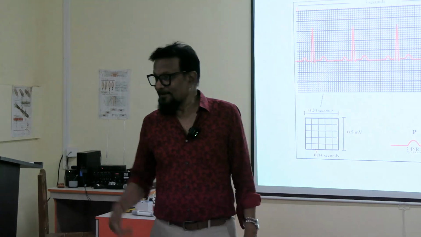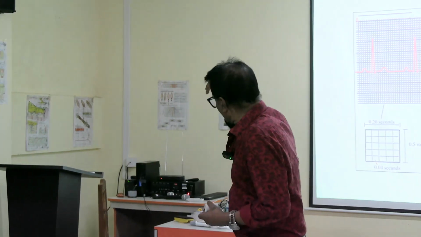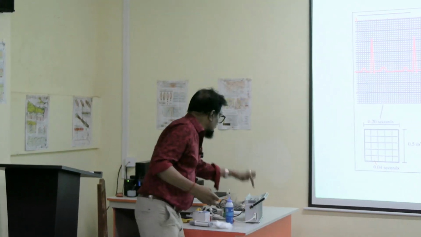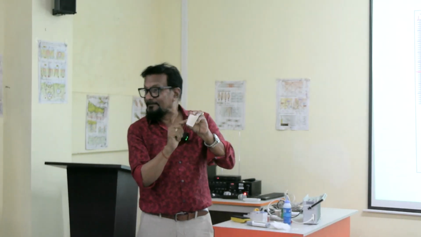Normally only 10 millivolt is chosen. It means if you give a stimulus on this, there will be a deflection. This is not ECG. If it is this much, that means it is 1 millivolt, which is 10 millimeter.